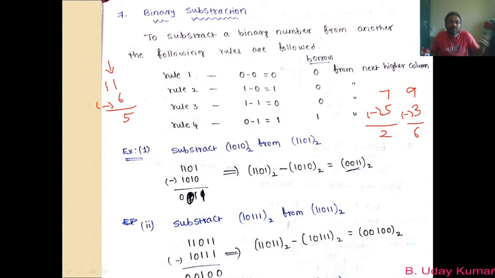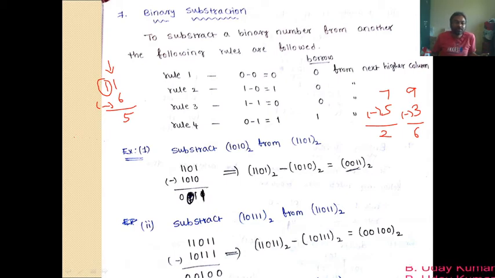So 10 plus 1 becomes 11, and hence 11 minus 6 becomes 5. Is that clear? Since it is a decimal number, its base is 10, remember that. And 10 plus 1 becomes 11, and 11 minus 6 becomes 5. So this is how we do it.